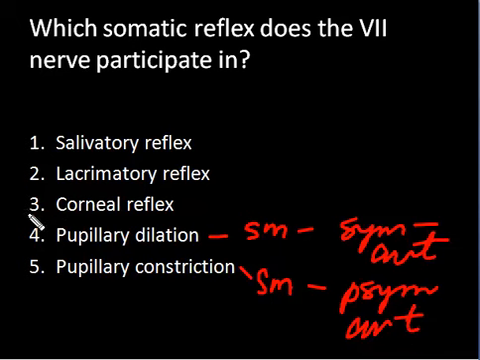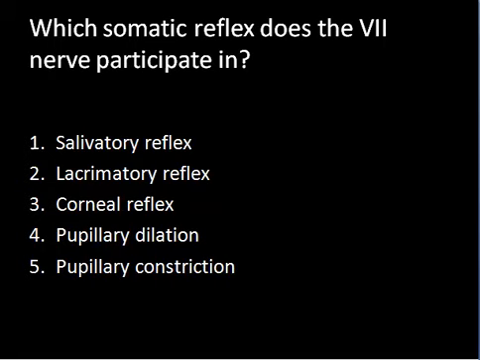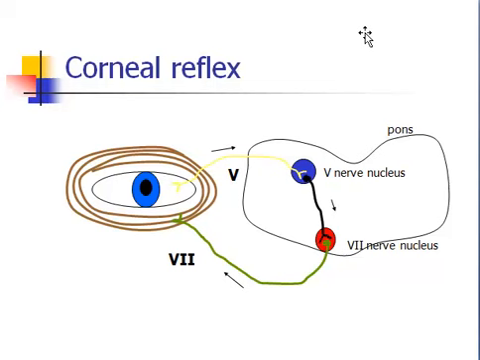So the only reflex which involves skeletal muscle is corneal, and it so happens that the seventh nerve participates in it. And just to show you an image, this is taken from the slides from your PowerPoint, and here you can see that this is the corneal reflex, which involves the orbicularis oculi muscle.